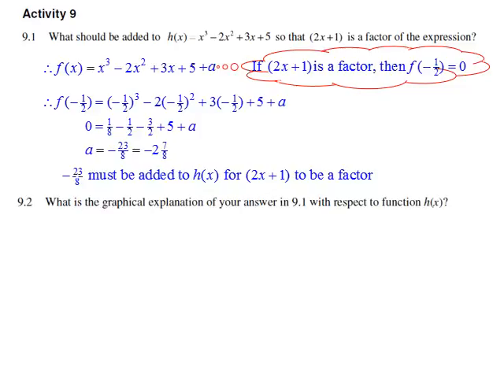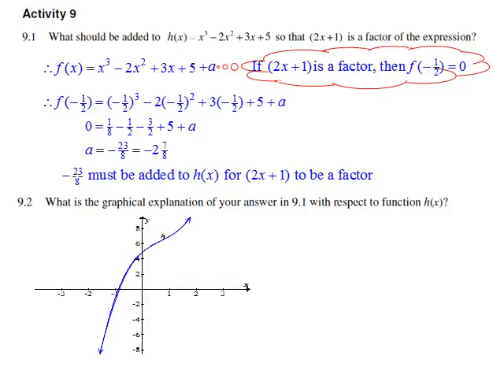In activity 9.2, we're asked what is the graphical explanation of your answer in 9.1 with respect to function h(x). Now, h(x) is a cubic function, and clearly x equals negative a half is not an x-intercept of h, which implies that, again, 2x plus 1 is not a factor of h.